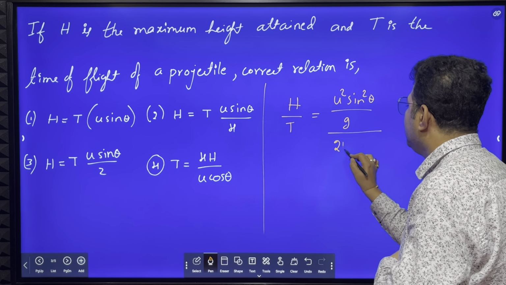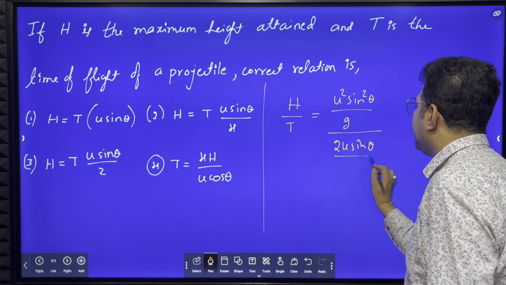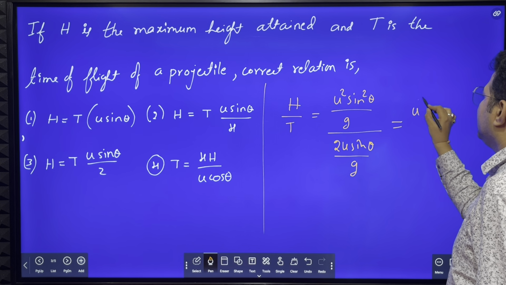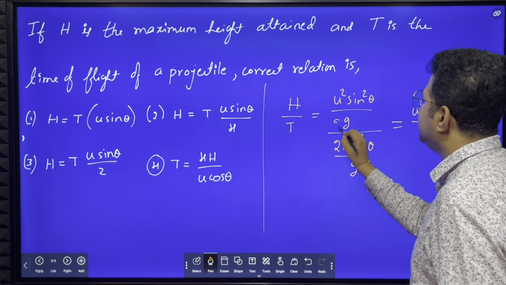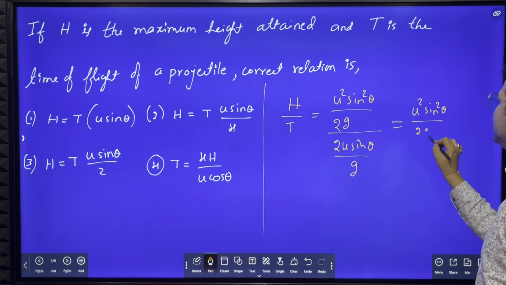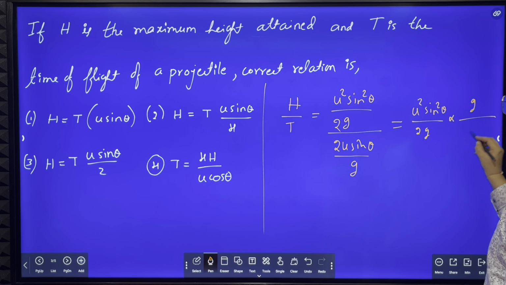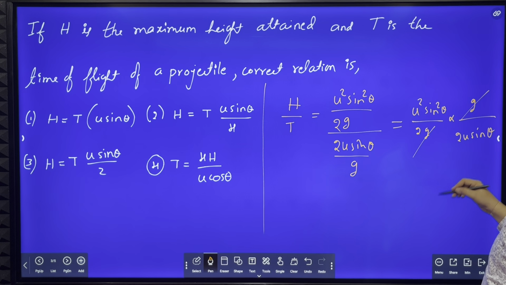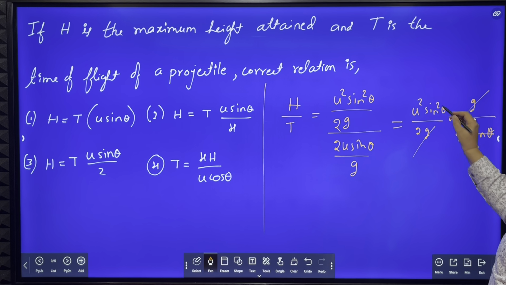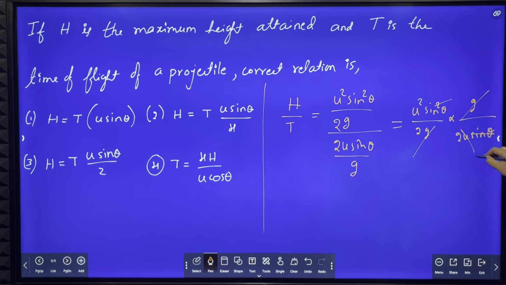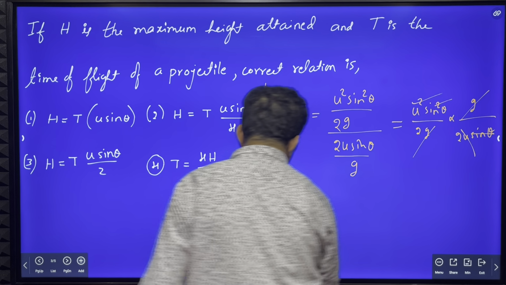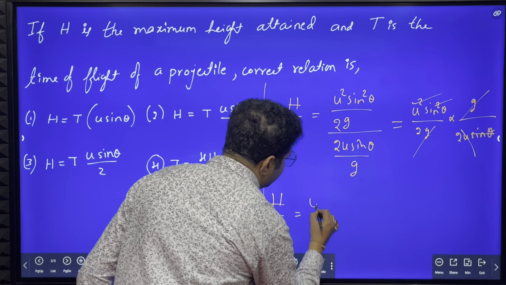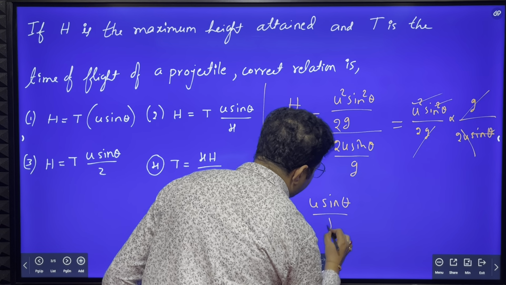So on simplification, what happens? u square sin square theta divided by 2g multiplied by g divided by 2u sin theta. g and g get cancelled. One sin theta and the other sin theta get cancelled. One u and this u get cancelled. What happens? u sin theta divided by 2 into 2, 4. So h by t is equal to u sin theta divided by 4.